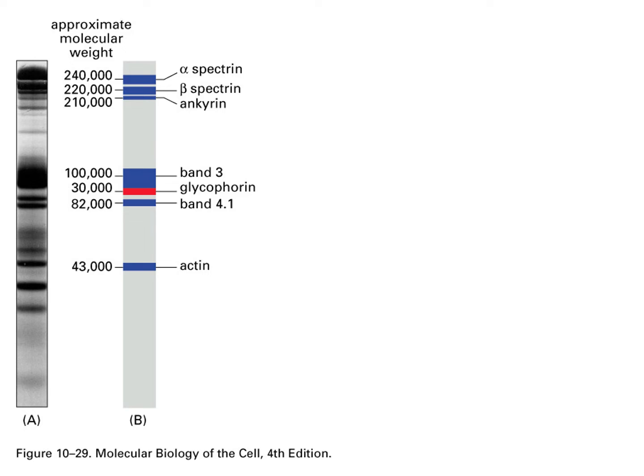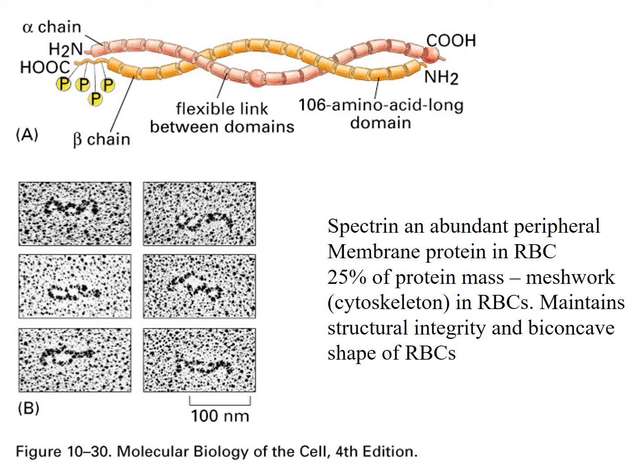So an amino acid equals 330 Daltons. Okay, you'll need that for biochem, that conversion. Here's our ankyrin, our spectrin, alpha and beta.